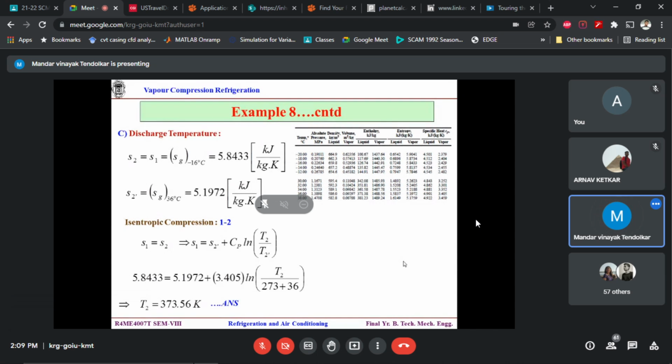Correct. So s1 equal to s2, which is s2 dash saturated plus Cp into ln of T sup by T sat. So find out T superheated. Cross check the calculations.